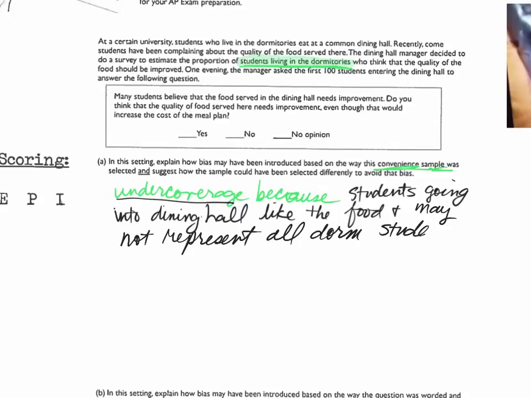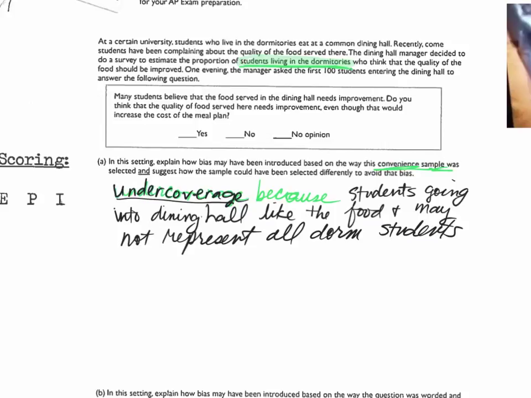That's what they're looking for. They also want a connection that you're trying to represent all dorm students, so that it is not representative of all dorm students. Now that's worth 1 point.